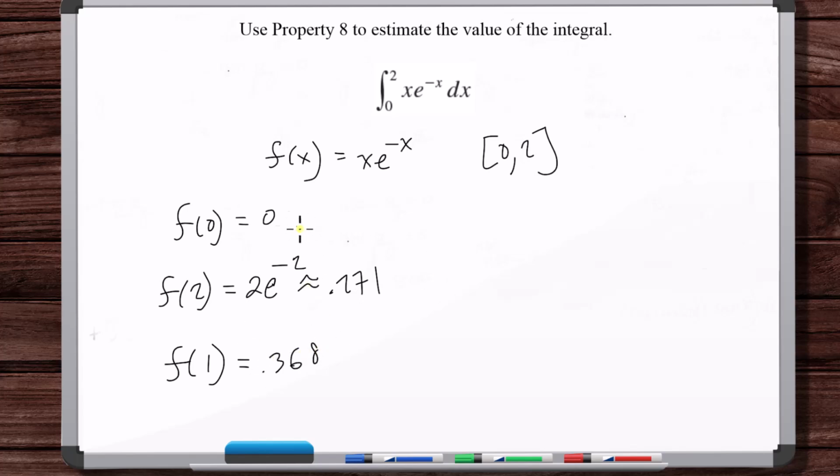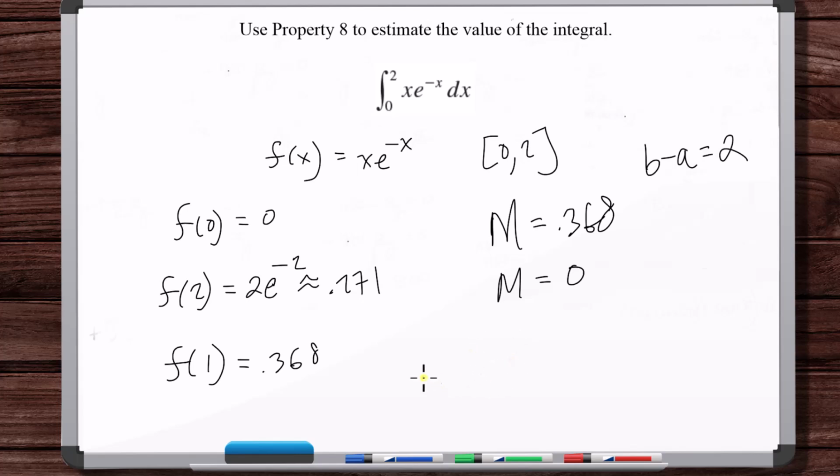Now we just compare these three numbers, and whatever's the largest is the absolute max, whatever's the smallest is the absolute min. So we can see that capital M is going to be 0.368, lowercase m is going to be 0. And then, what's b minus a? That's 2.